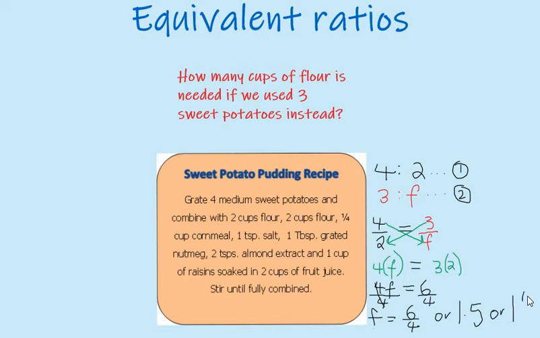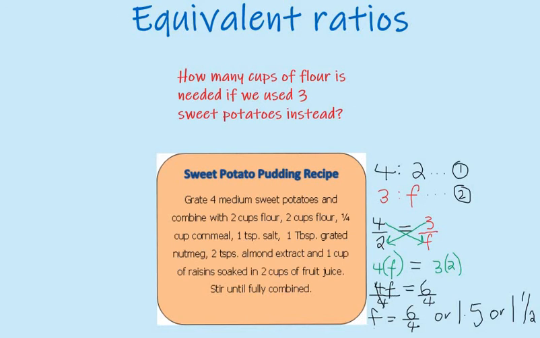All right? So at the end of the day, if we're going to use 3 sweet potatoes, how many cups of flour are we going to use for our recipe? 1.5. And this is how we use equivalent ratios in real life. All right?